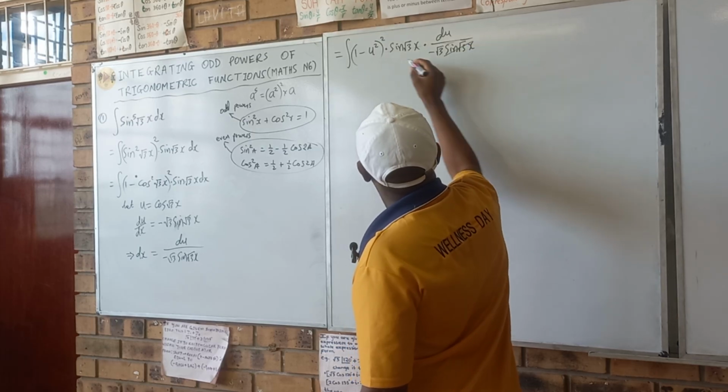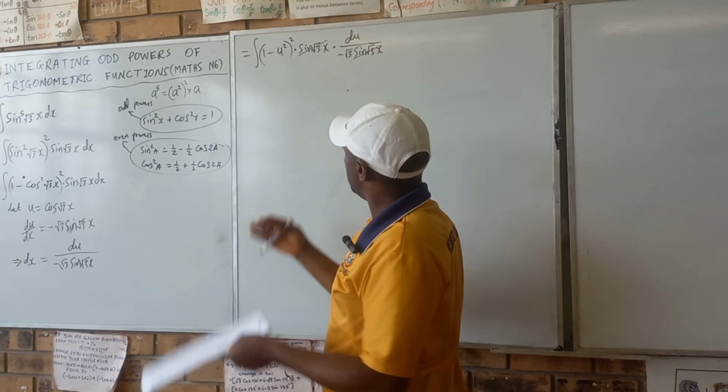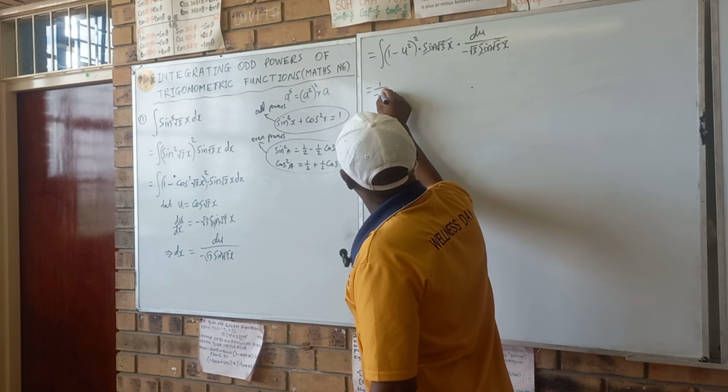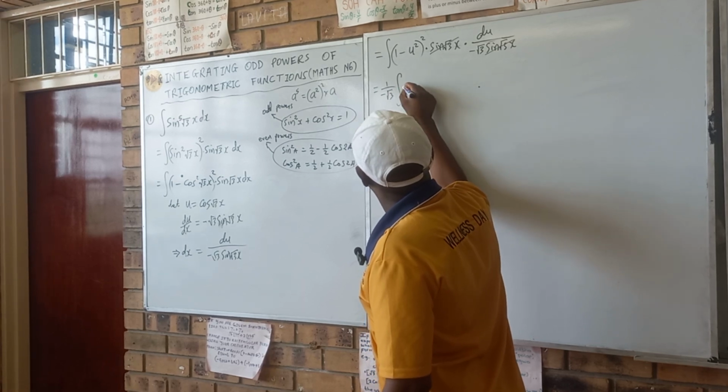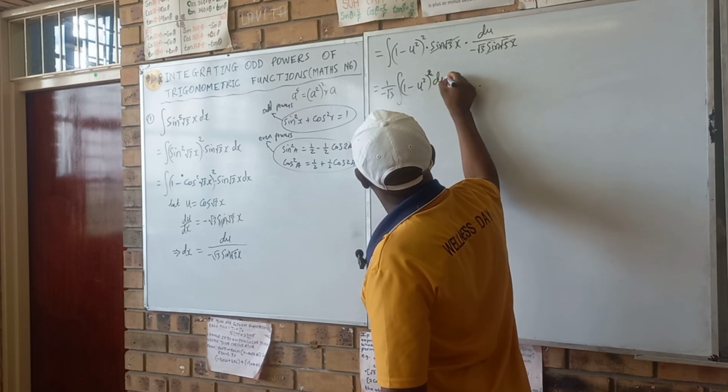So here sine root 3x will take care of itself. Negative root 3 is the denominator, which will go down as 1 on negative root 3, the integral of 1 minus u squared, all that squared.